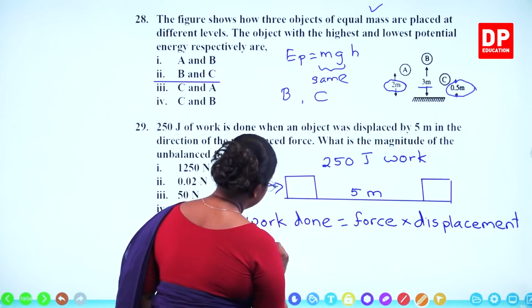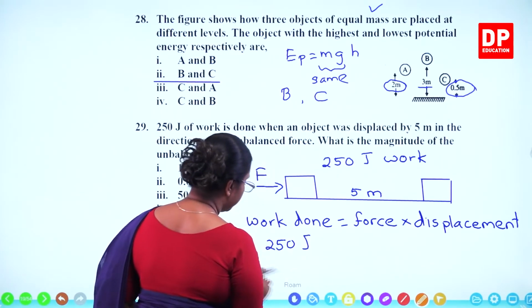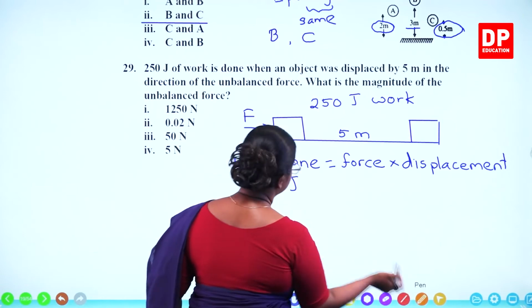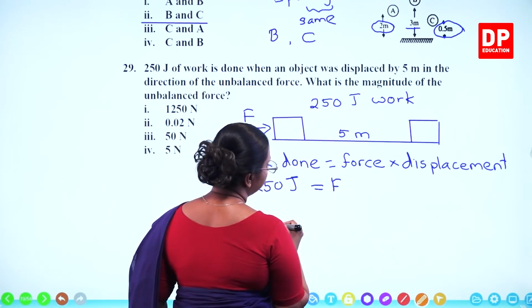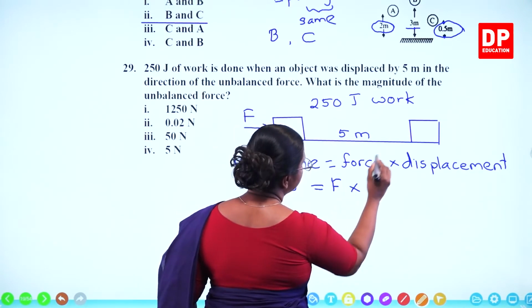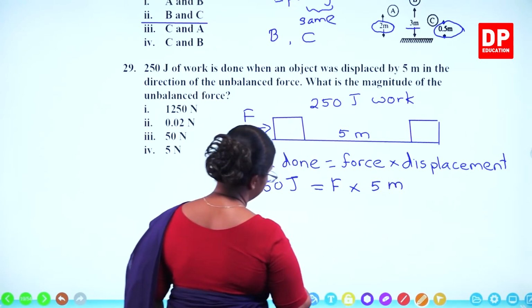So work done is given to us as 250 joules. Force is F into distance moved by the object, that is displacement 5 meters.